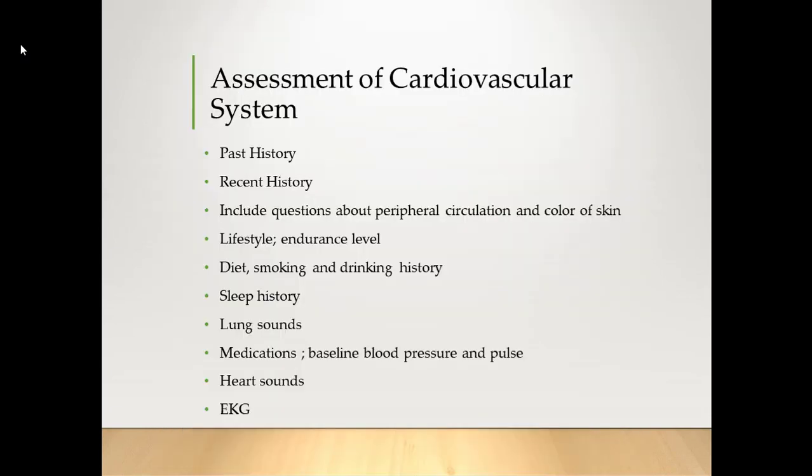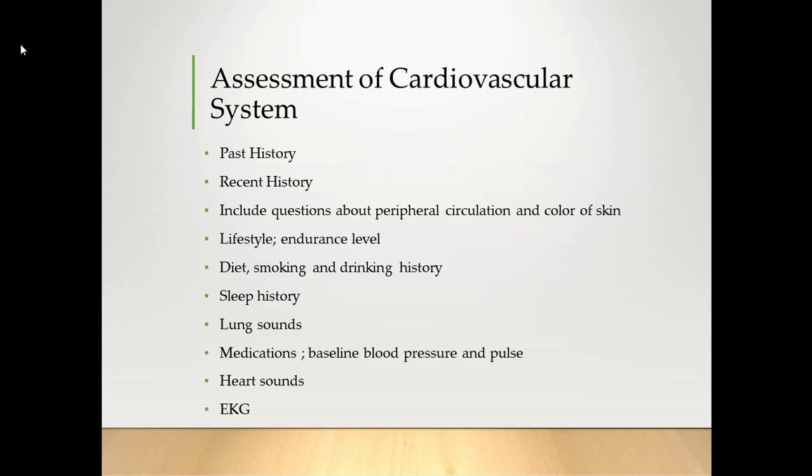I don't think I have this in my notes, but when we are doing our cardiovascular system assessment, we want to look at what their past history is, what their recent history is. Anytime there's questions, we can ask them about their peripheral circulation, skin color.